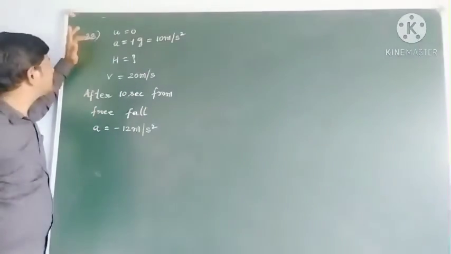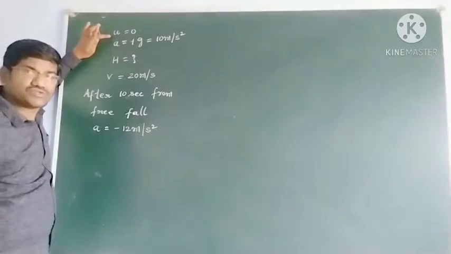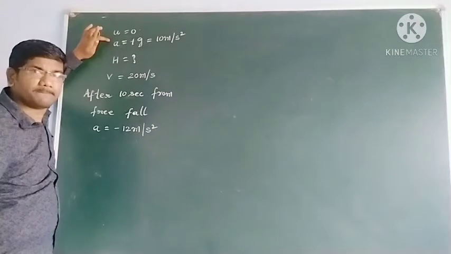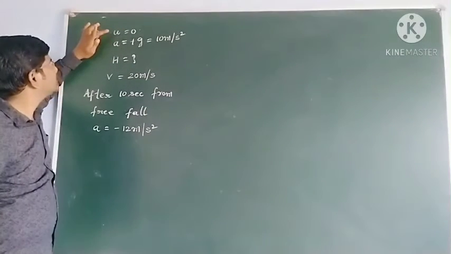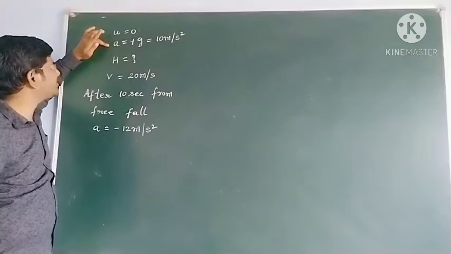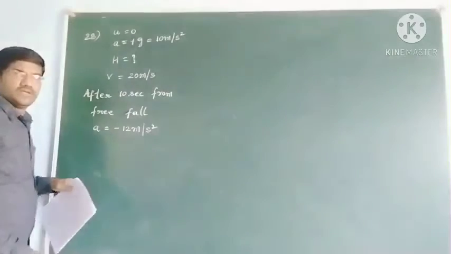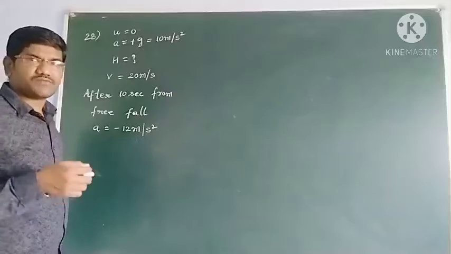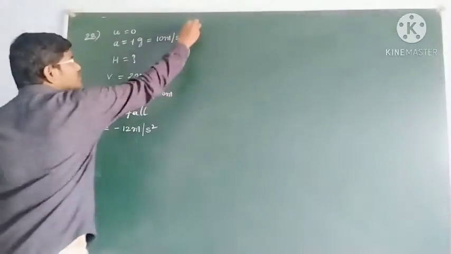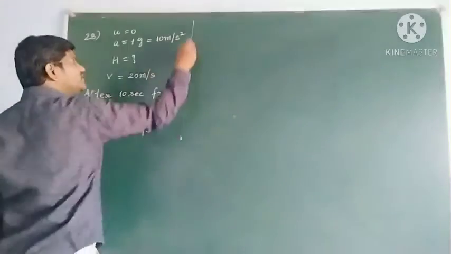Okay, students, a parachutist drops from an aeroplane. So initial velocity is 0, a is 10 meters per second square. In the first 10 seconds, how much height has he fallen, I want to find.